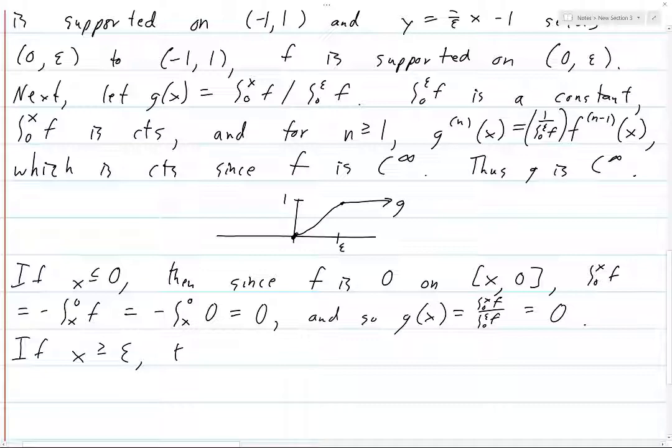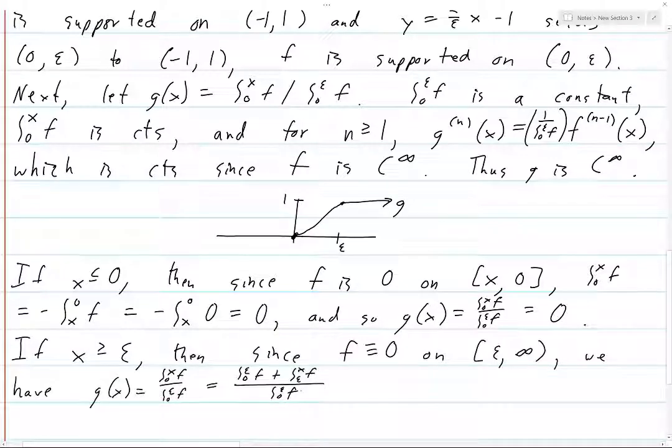Now, because epsilon is between 0 and x in this case, we can break this up into the integral from 0 to epsilon of f plus the integral from epsilon to x of f, and we divide by the integral from 0 to epsilon of f. Since f is 0 on this interval from epsilon to infinity, the integral from epsilon to x of f is going to be 0. And so what we're left with is the integral from 0 to epsilon of f over the integral from 0 to epsilon of f, which is just 1. Okay, so that's good.